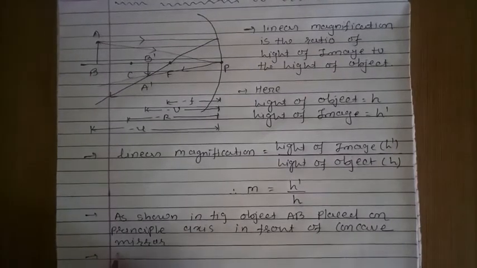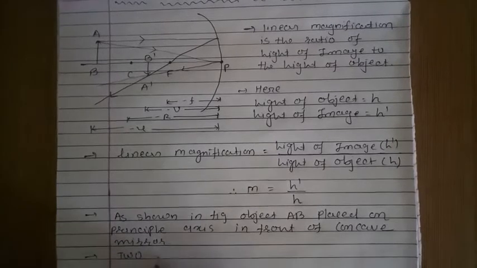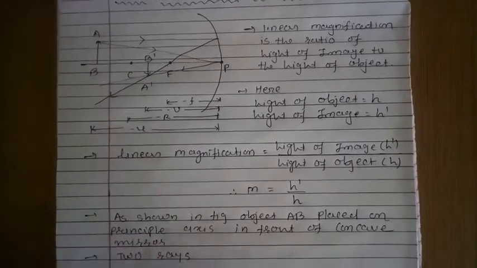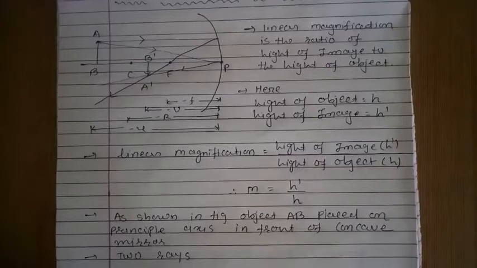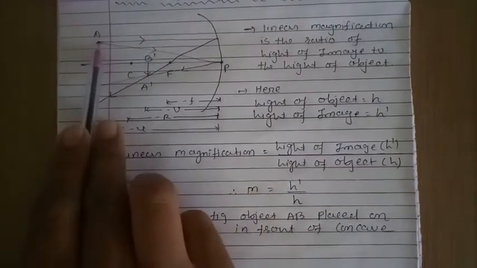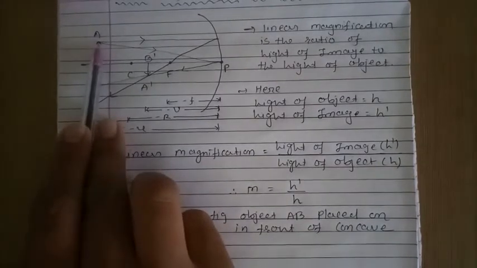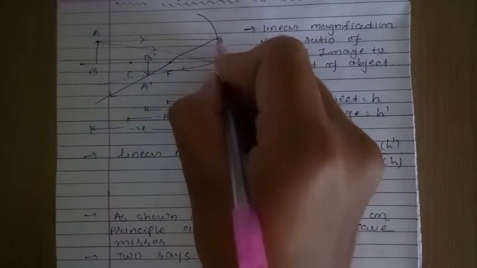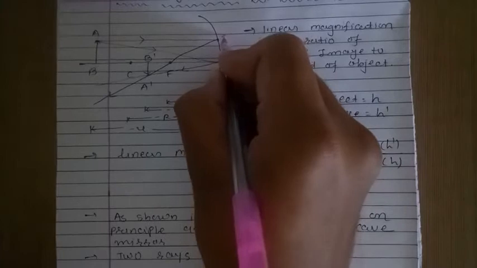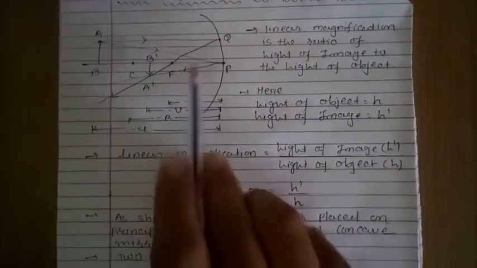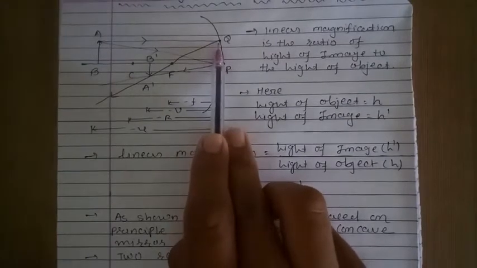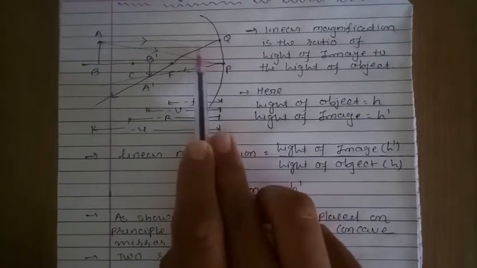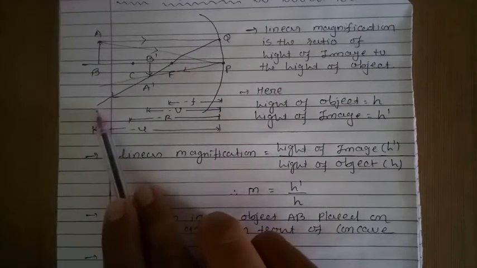Now the two rays we know. The first ray is from A, which strikes our mirror at the point we denote by Q. After striking, it passes through the principal focus F, right?